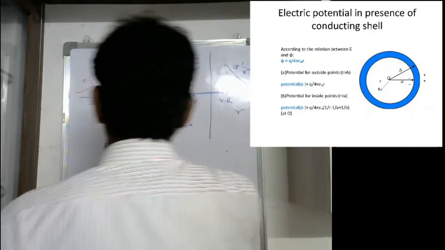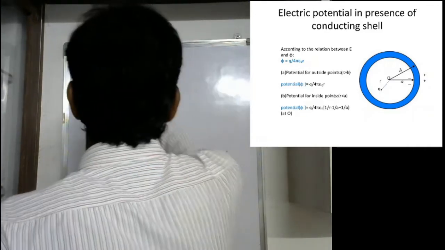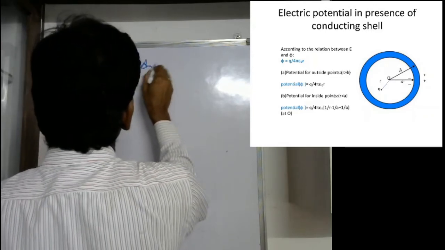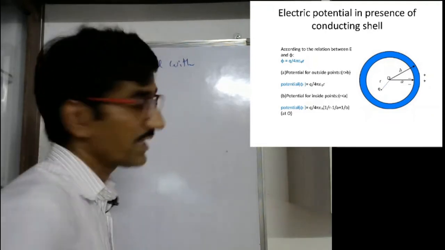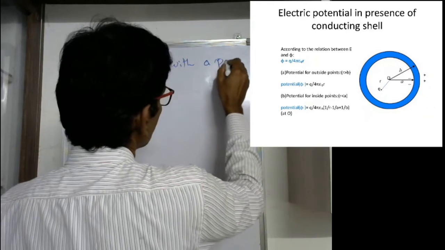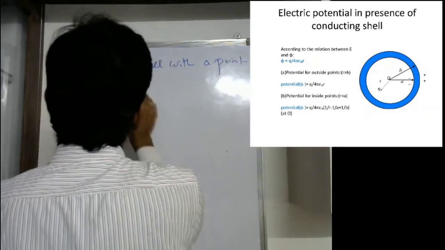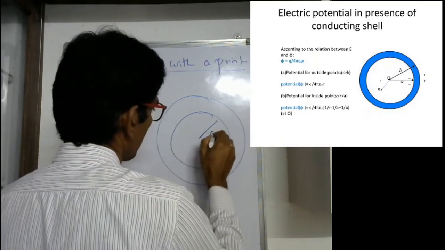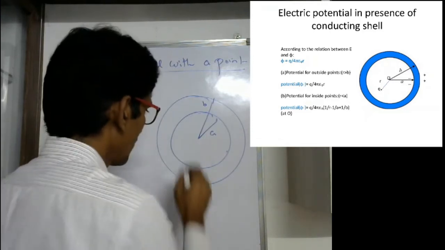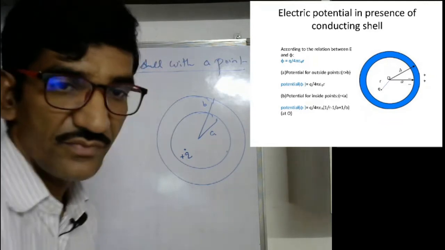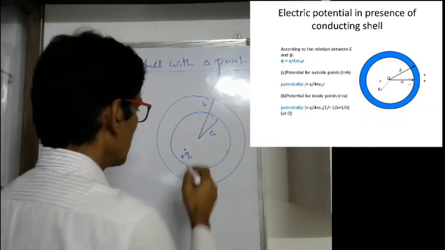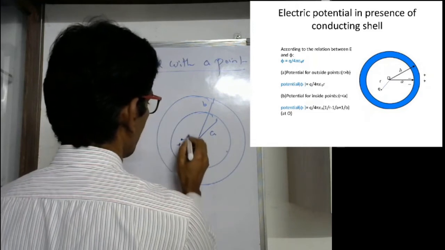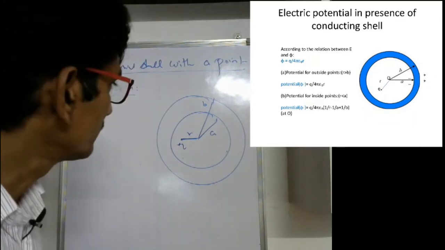Spherical shell with a point charge. Here we take a spherical shell with radii A and B. Suppose that I am placing a charge plus Q here, located at some distance small r from the center.